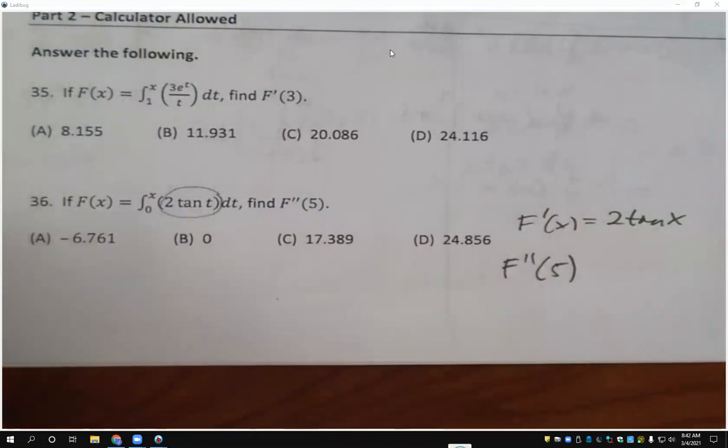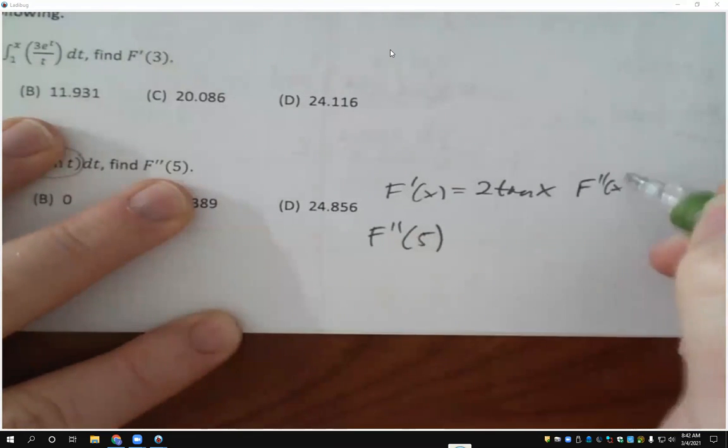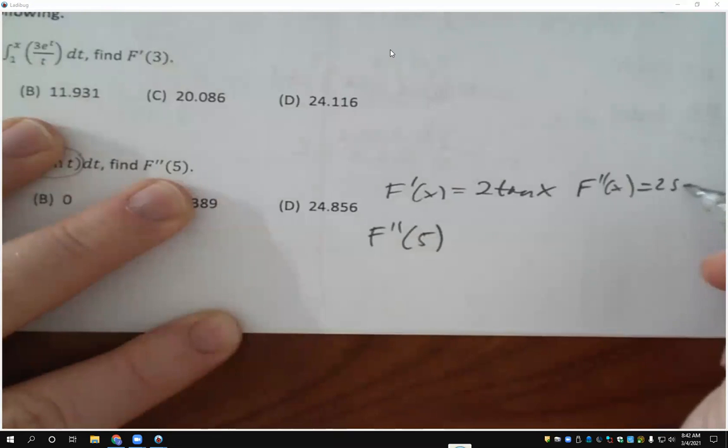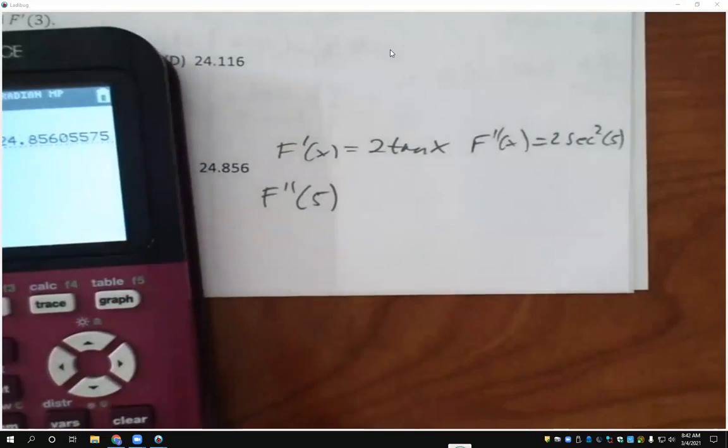If we were to find it the other way, because the derivative of F prime is 2 secant squared, how would we put that in our calculator? Yes, that is correct.